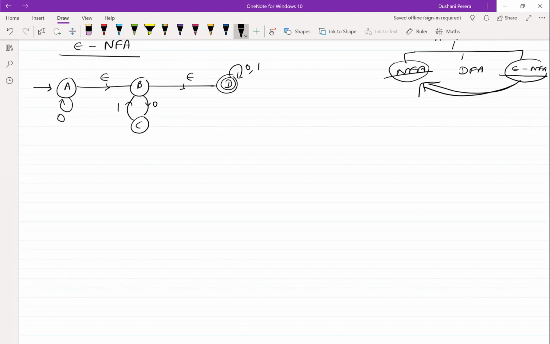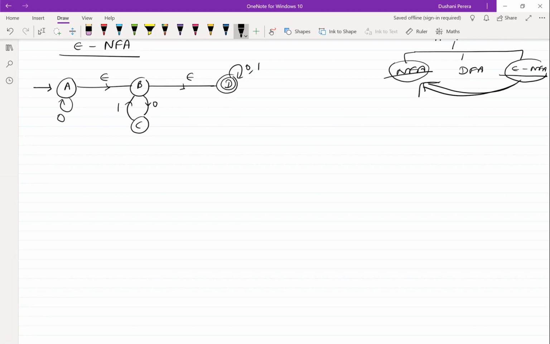So you see there are epsilon transitions, null transitions. Yeah, you can go to A and B without taking any input. An epsilon means null, nothing. You can go to A, you can go from A to B. Again, without taking anything, you can go to D from B.